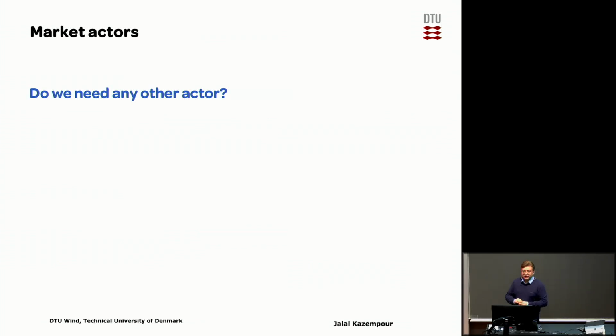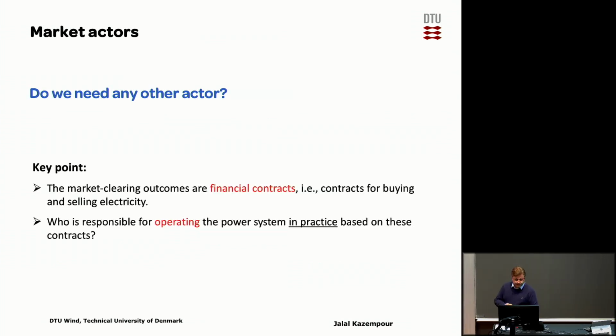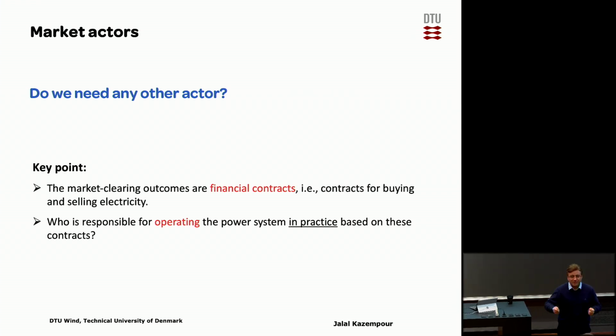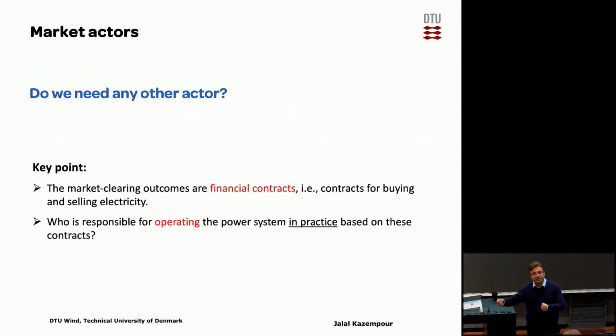So do we need any other actor? You already answered the question. Why do we need other actors? Because the market clearing outcomes are eventually financial contracts. So when you buy or sell electricity in the market, you are not necessarily delivering, receiving, or producing power at that time.